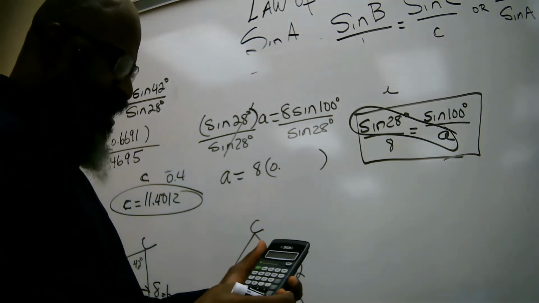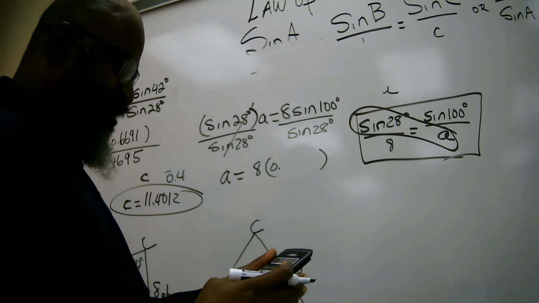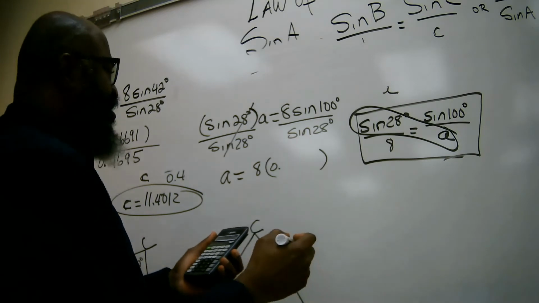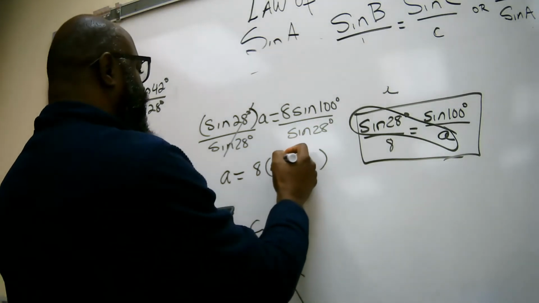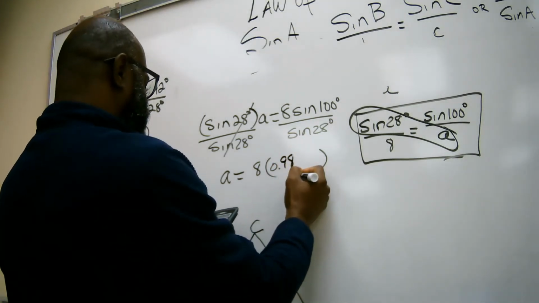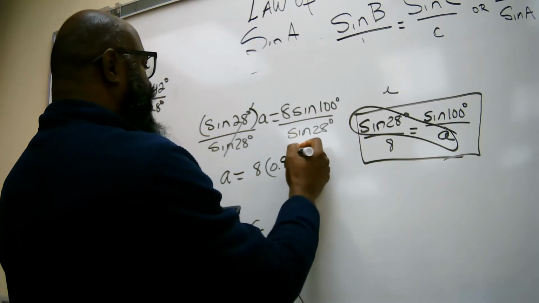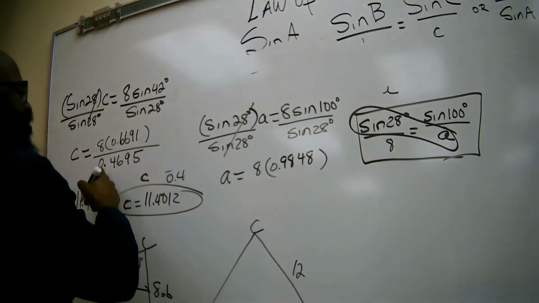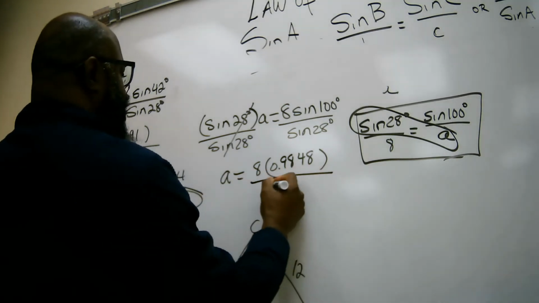Your calculator again, your best friend. Make sure your calculator is in degree mode and you press sine. Then that will give you 0.9848, and you already know what sine of 28 is. Sine of 28 was 0.4695. Then you don't have to do this again.